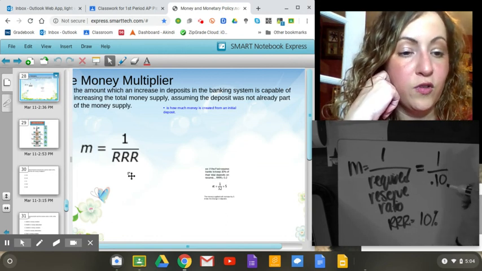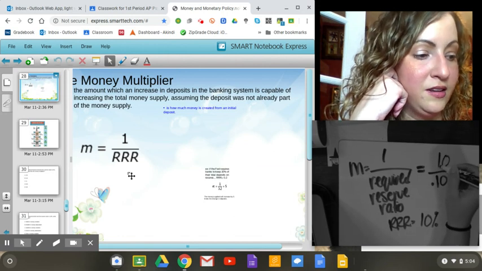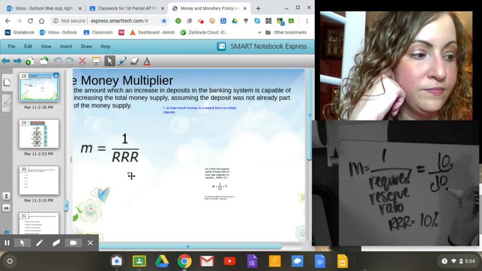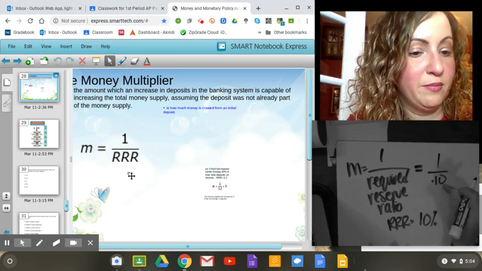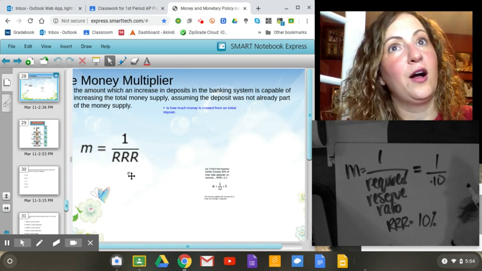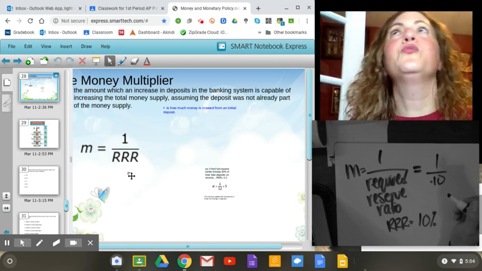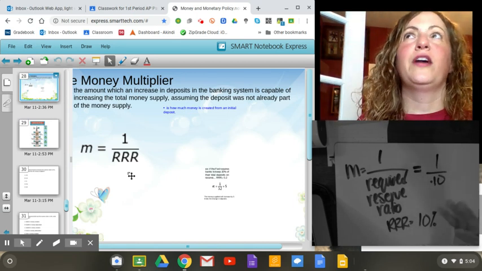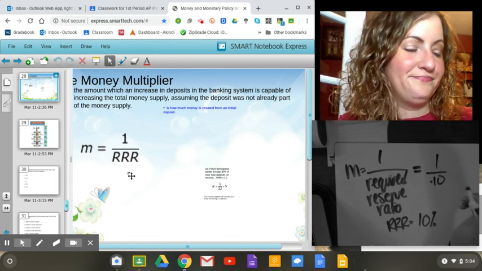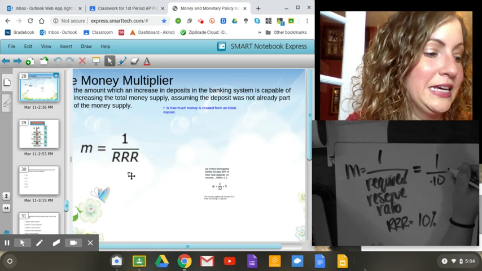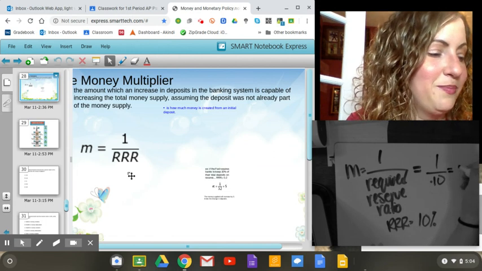So 1 over 0.10, we can move decimal places over and make this 10 divided by 1, or we could ask how many dimes are in a 1. 1 over 0.1 is the same thing as 1 over 10, but it's 10.